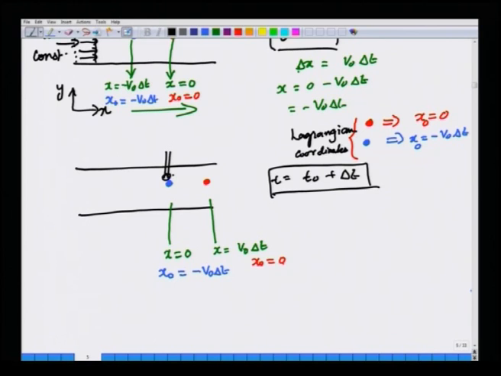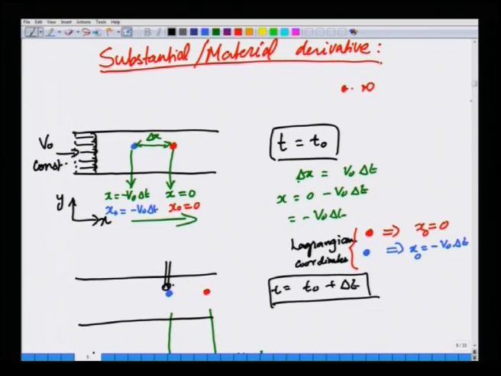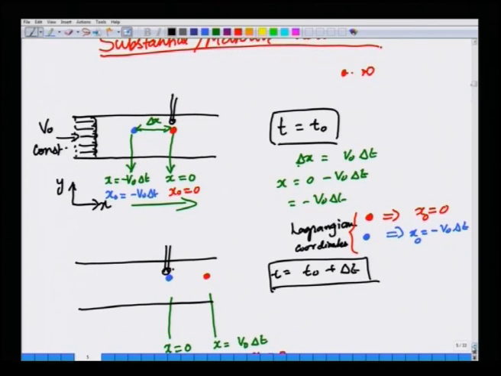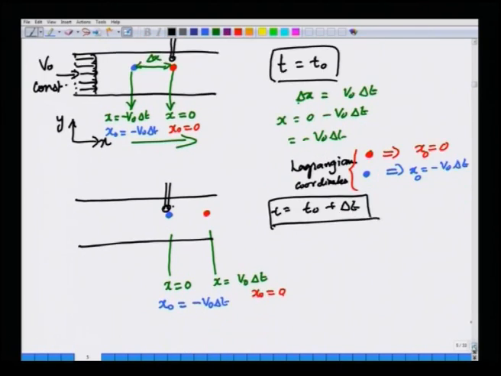What is this thermometer measuring as a function of time? At time t equal to t0 it will measure the temperature of the red particle, while at time t equal to t0 plus delta t it will measure the temperature of the blue particle. This is the key to our derivation.